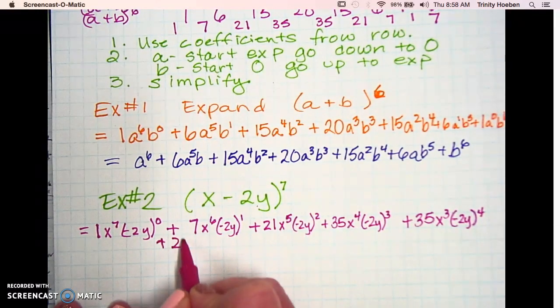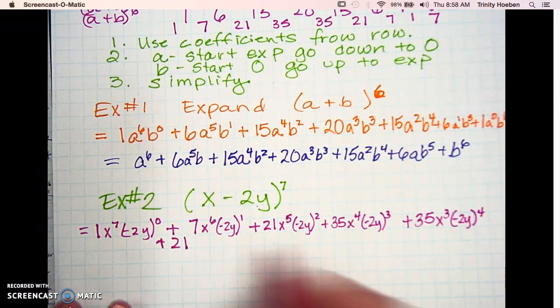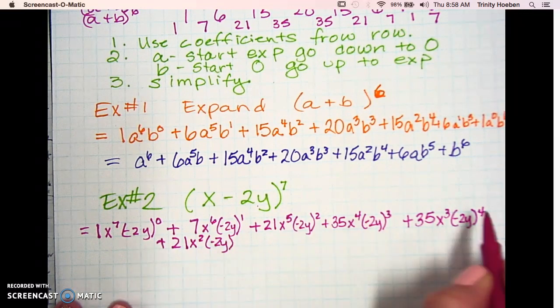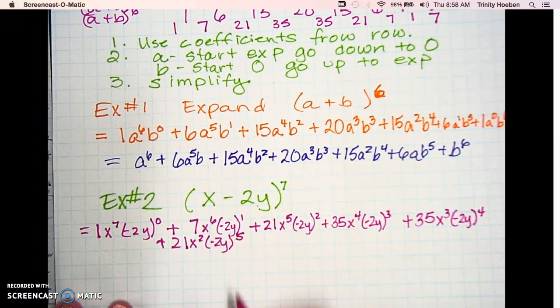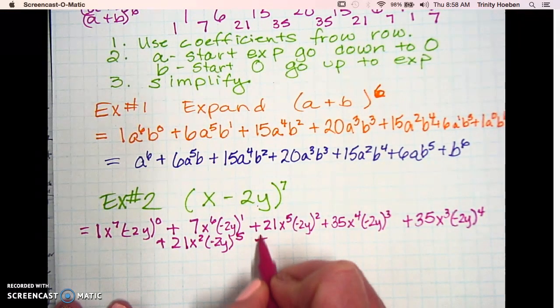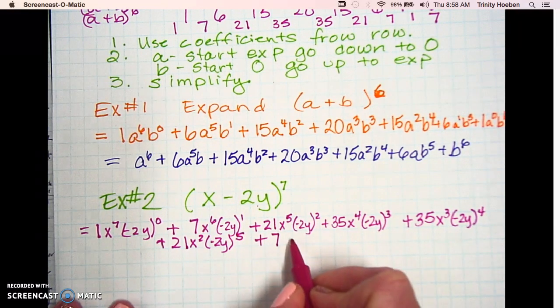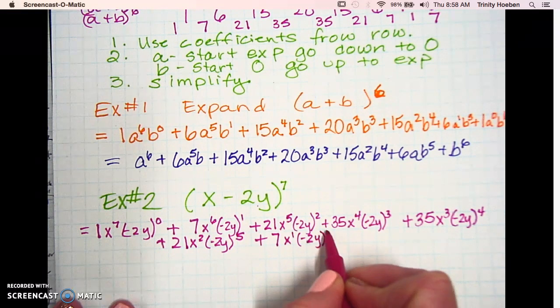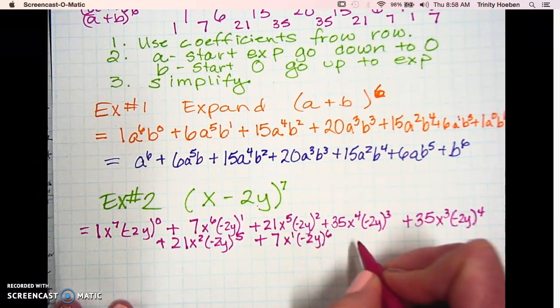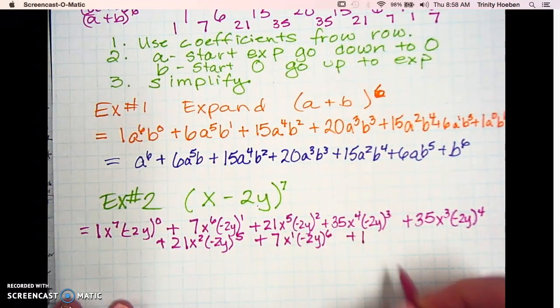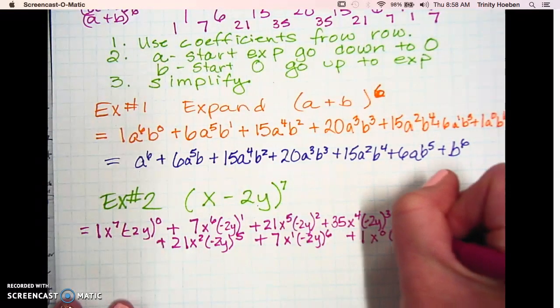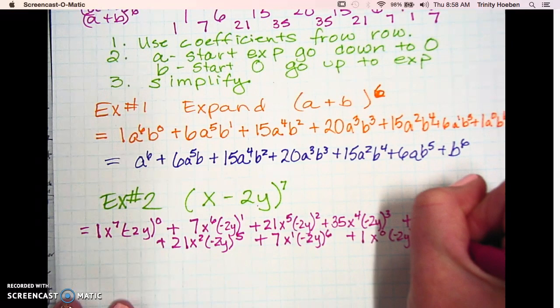Plus 21 is our next coefficient, x to the 2nd, and negative 2y, go up 1 to the 5th. Next coefficient is 7, x to the 1st, and our negative 2y is to the 6th, and our last term, 1, x to the 0, negative 2y to the 7th.